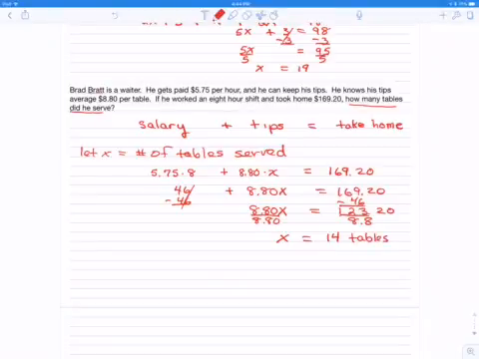So, to check it to see if it makes sense, his salary plus his tips should equal his take home.